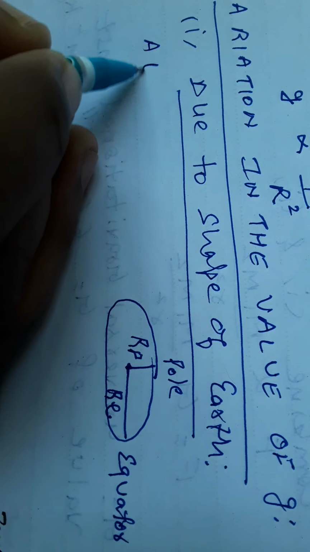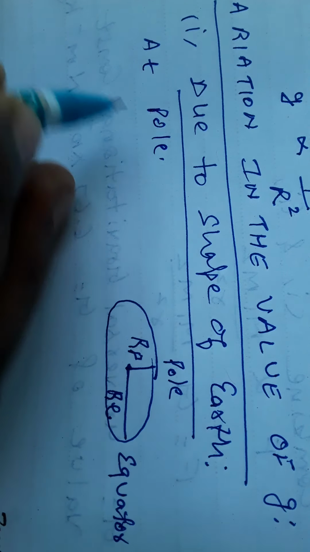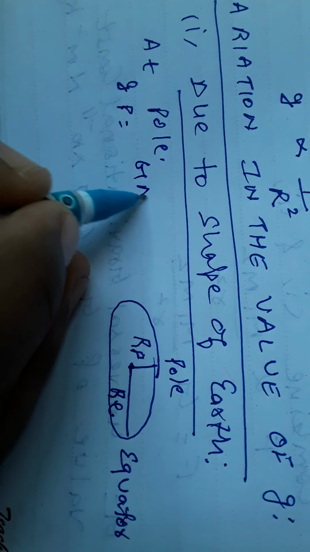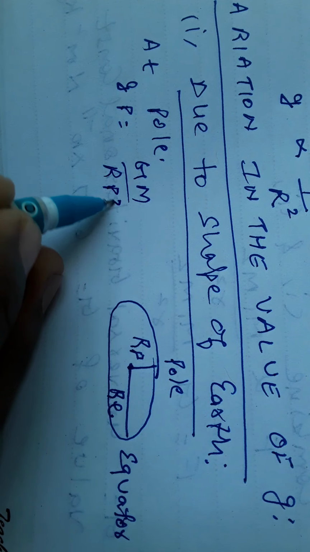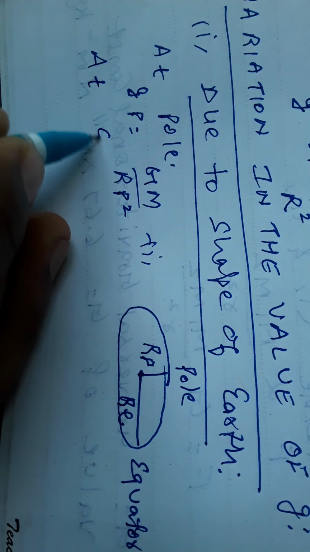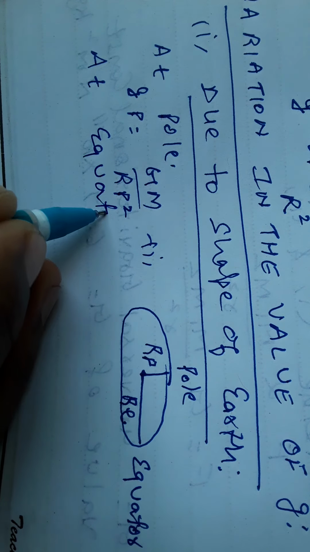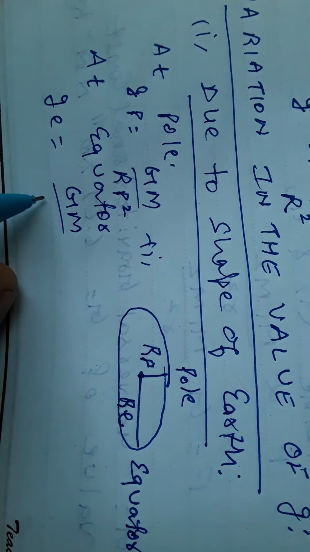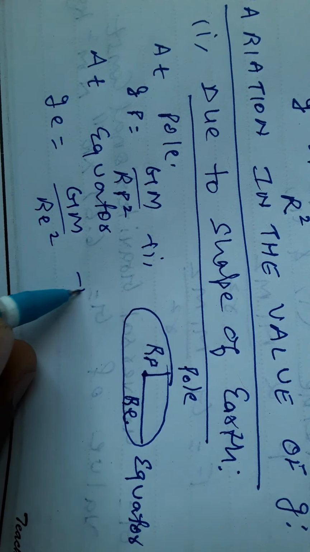So, at pole we can write Gp is equal to GM upon Rp square, equation number first. At the equator we can write Ge is equal to GM upon Re square.